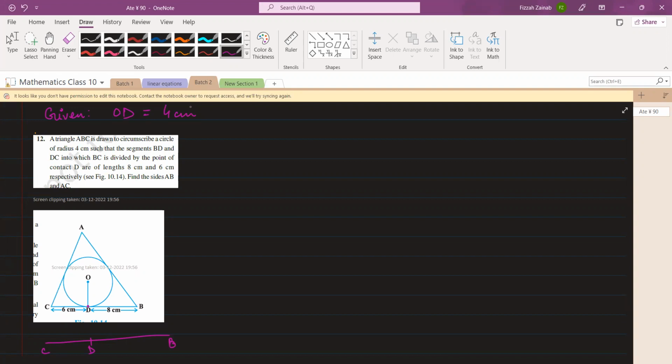To find AB and AC, we need to do some construction here. We need to join everything. So you join AO, then CO and also OB.